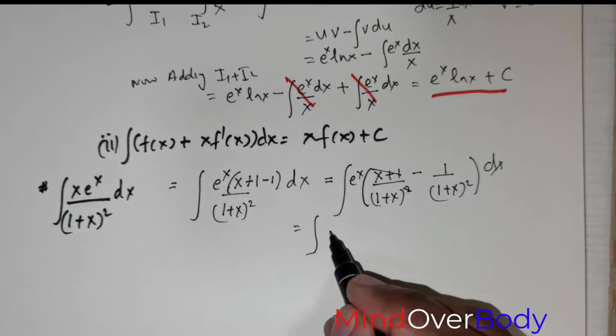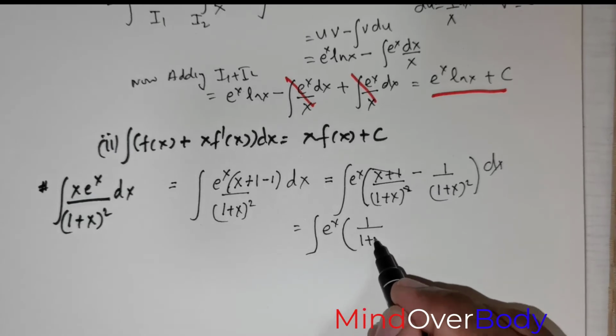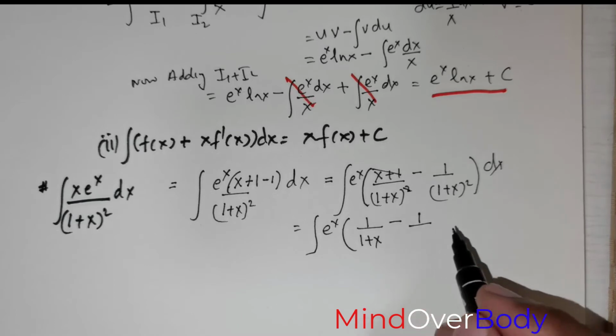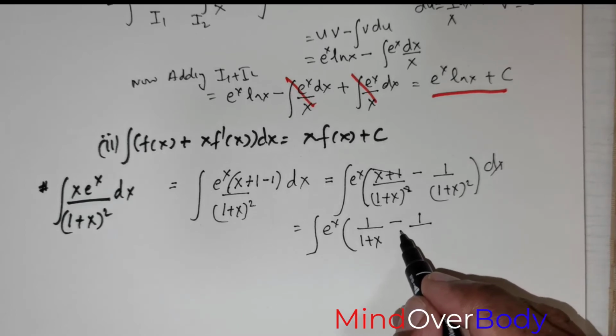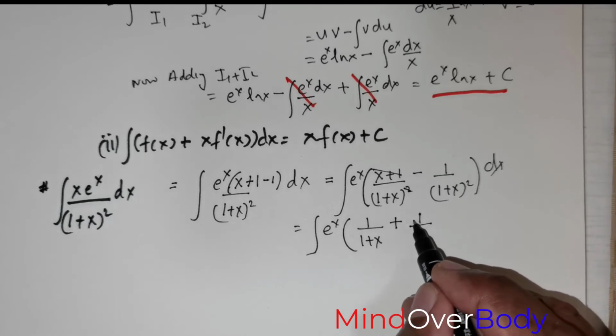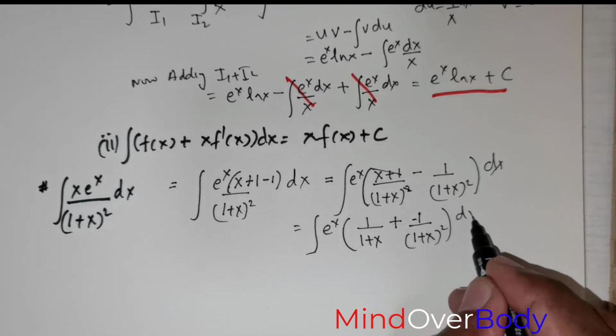So this is going to be the integral of e raised to the power of x of 1 over 1 plus x, followed by a negative sign and 1 over. In fact, instead of placing a negative sign here, I will place a positive sign here and a negative sign there, divided by 1 plus x raised to the power of 2, times dx.